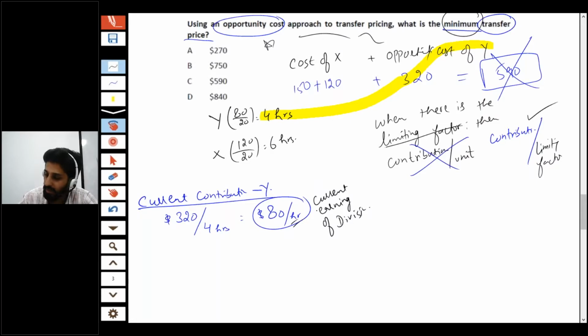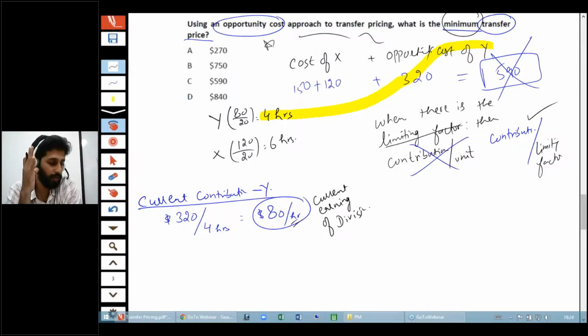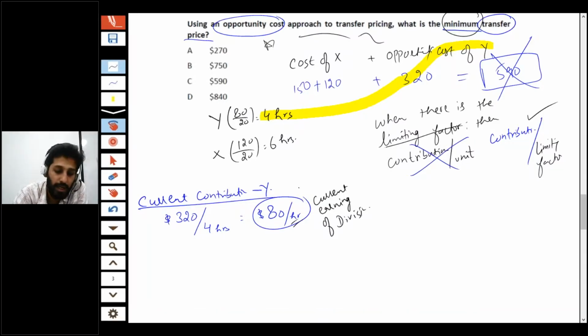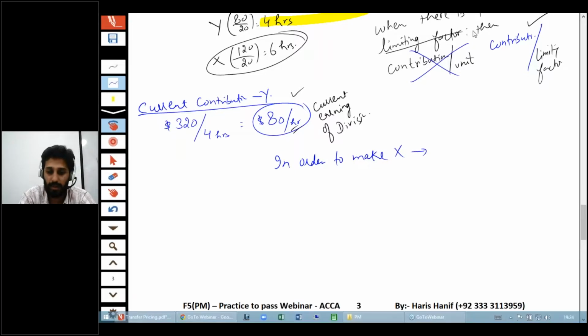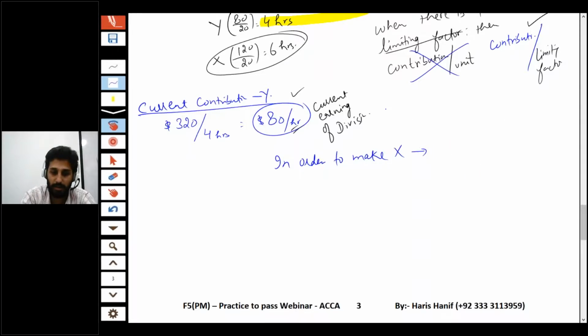You know why I've calculated this? Just because of one word: limited skilled labor. Whenever there is a scarce resource, a limiting factor, you need to measure your contribution per limiting factor, right? So you are earning a contribution of 80 in 1 hour. And in order to make X, we need 6 hours.